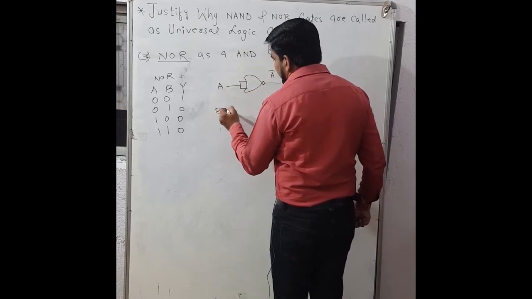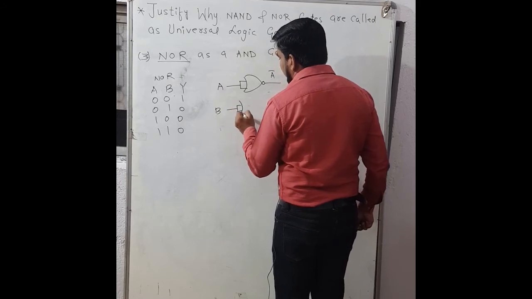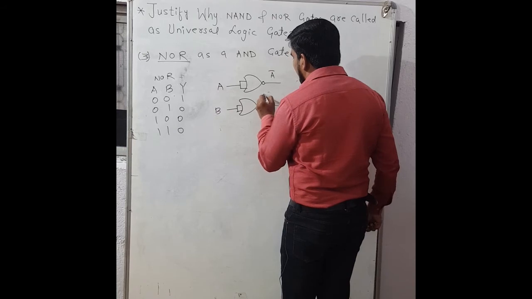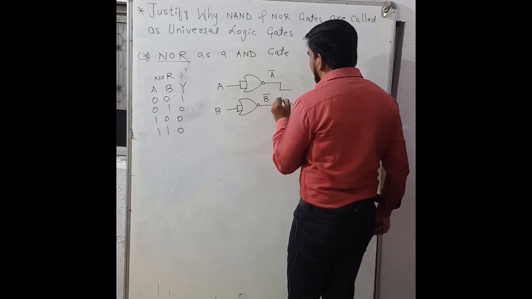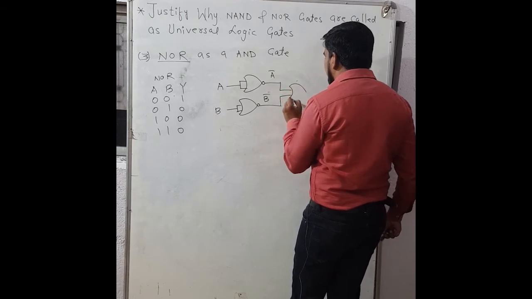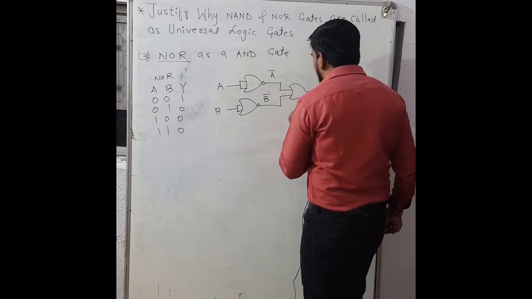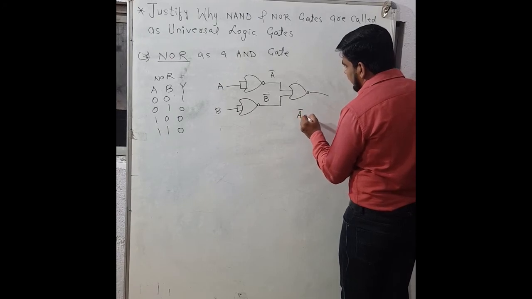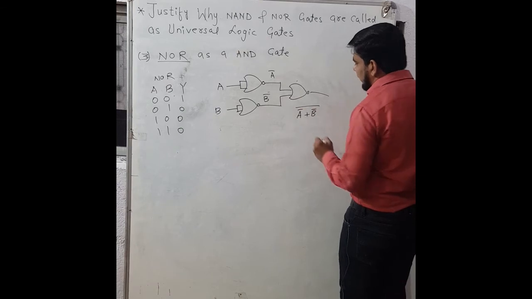When B is applied to a NOR gate whose inputs are shorted, the output is B complement. When both the outputs are applied to one more NOR gate, then the output is A complement plus B complement, and the whole complement.